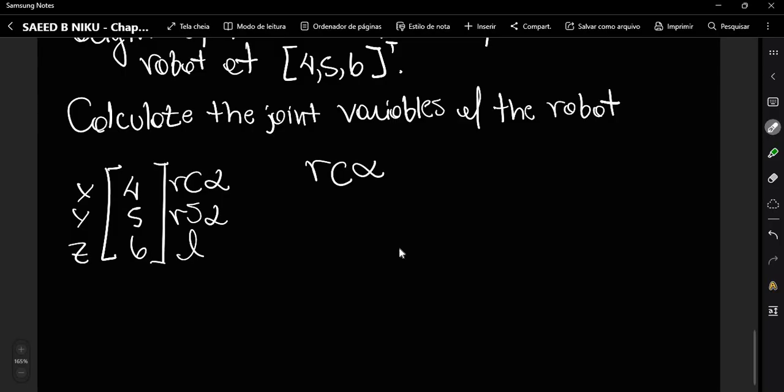Defining the components of the localization: R cosine of alpha is equal to 4, R sine of alpha is equal to 5, and for the length L, the value is 6.